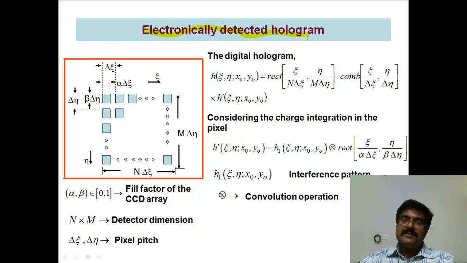In order to understand this, we will see the CCD sensor dimensions. A CCD comprises n cross m sensors of micron dimensions generally, arranged like this: n pixels of delta psi pixel pitch in the x direction, m pixels of delta eta dimensions in the y direction.